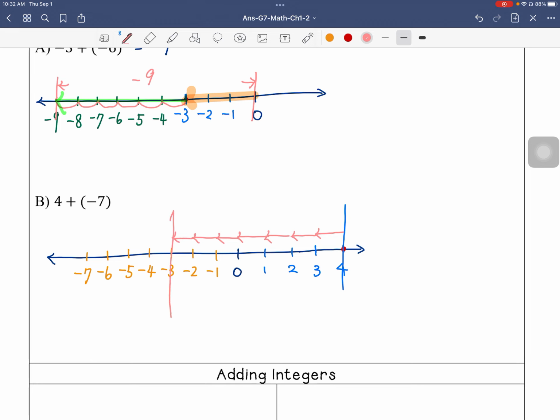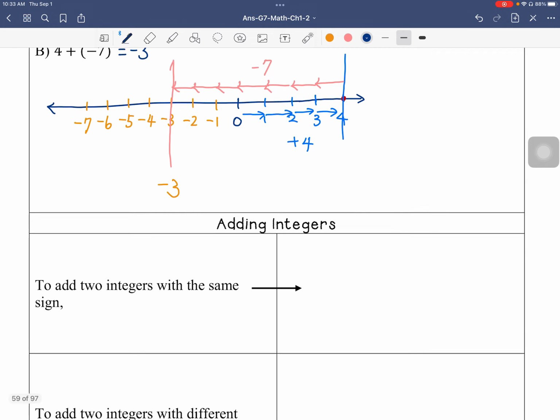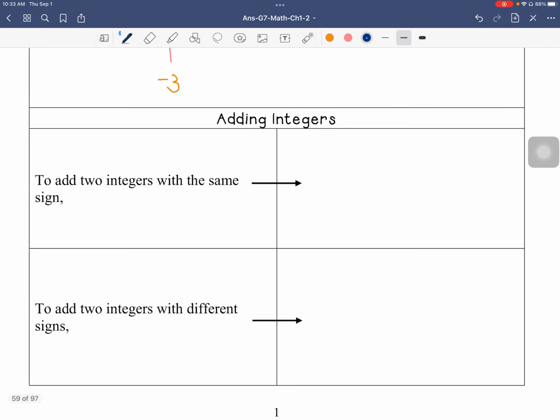So now this is positive 4 minus 7. So here it is negative 3. So the answer here is negative 3.